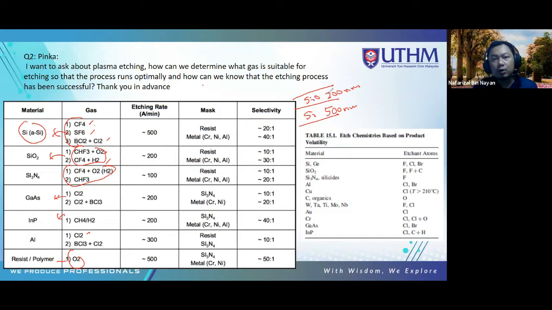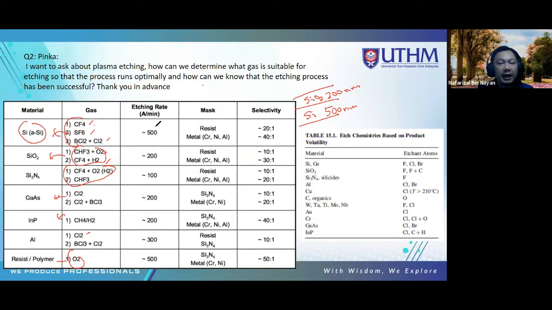If my silicon dioxide here, SiO2, is 200 nanometer, I need to know the etching rate for my material. For example, my etching rate here is 500 Armstrong per minute.